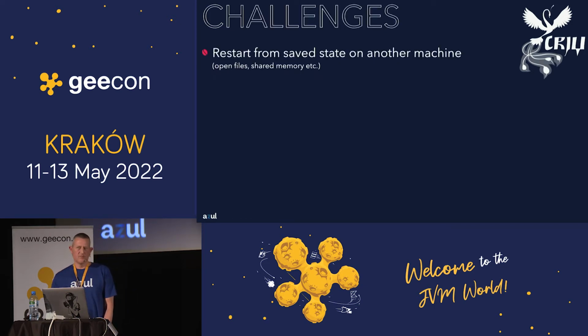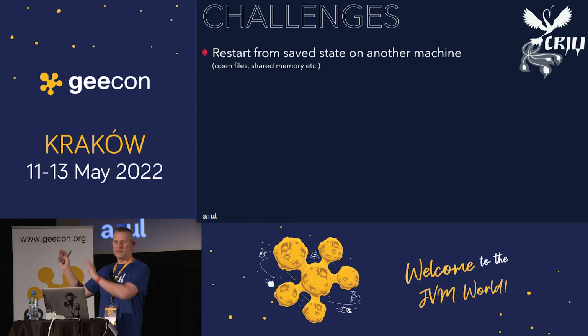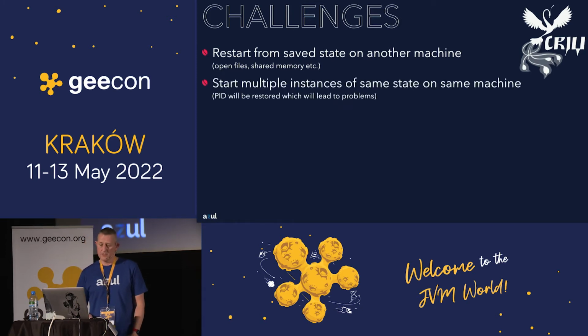And the challenges are, so if you would like to restart from a saved state on another machine, you can imagine that's not easy, right? You create the checkpoint on this machine, take the stored file, go to another machine and open it there, because you don't know if you have the open files there, if you have the shared memory and all that stuff. So that's a challenge. Start multiple instances of the same state on the same machine.